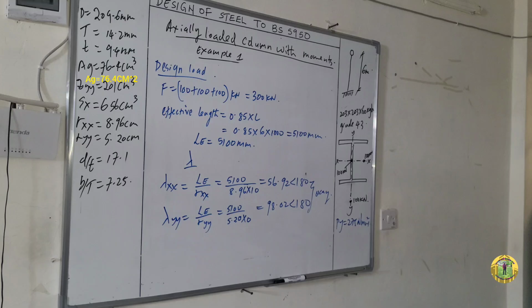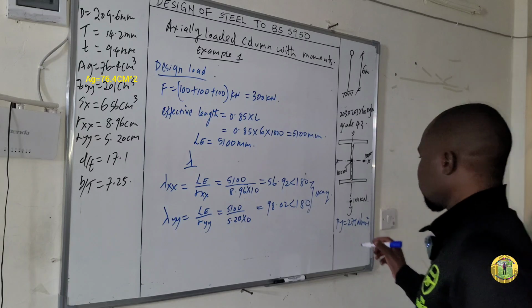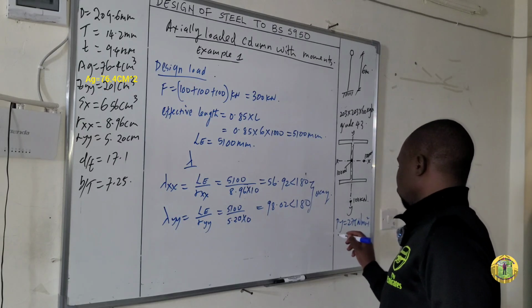After calculating the slenderness ratio, we now proceed to buckling about the x-axis so that we can obtain the PC. The PC is the compressive strength. So let me write the slenderness ratio here.